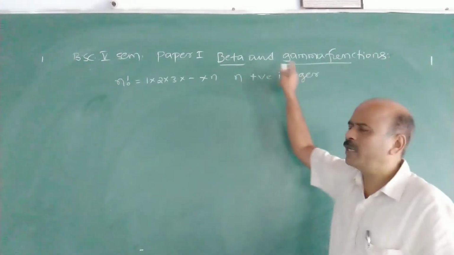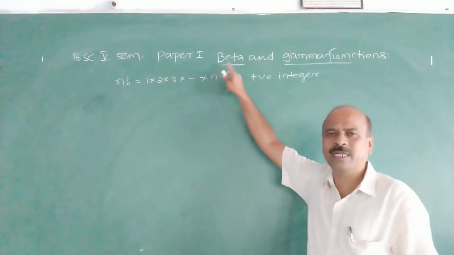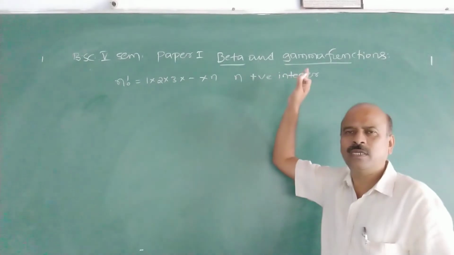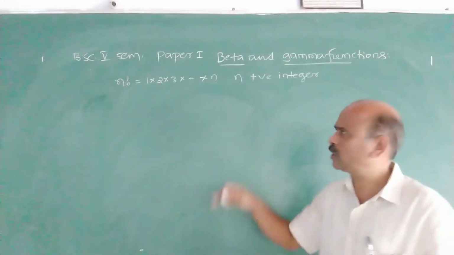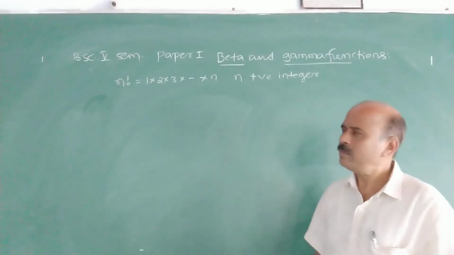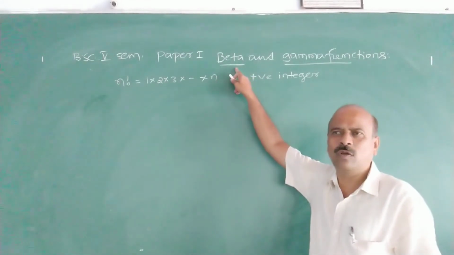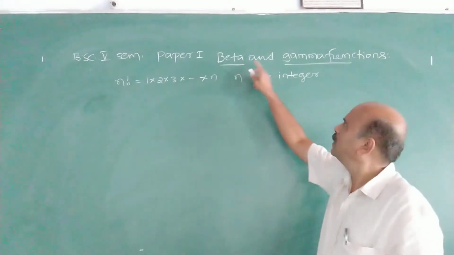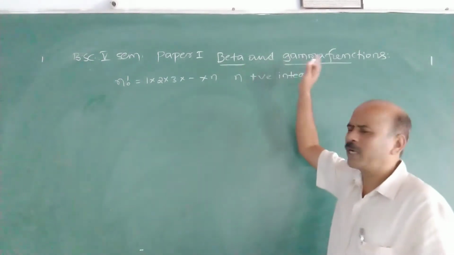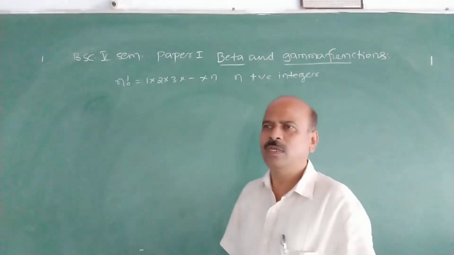The beta function is an improper integral of the second kind, and the gamma function is an improper integral of the first kind. We obtain the relation between the beta and gamma functions, so the beta function is also useful because it is the companion of the gamma function.